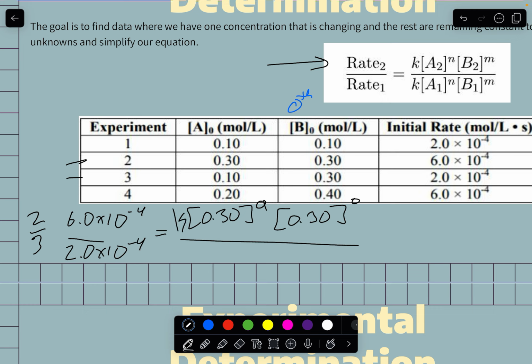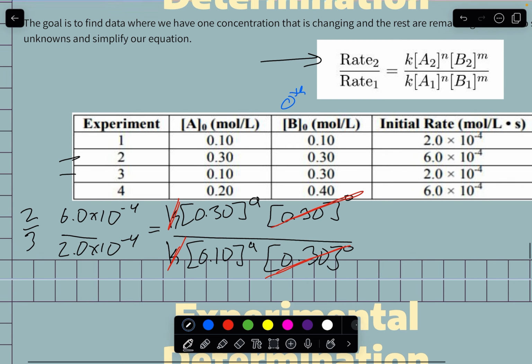Oh, sorry, I forgot my K in the first one. K times the concentration of A is 0.10 to the a. And then B is 0.30 to the 0th power. Okay, so again, our K's cancel out. They always will for this. Our B term cancels out.